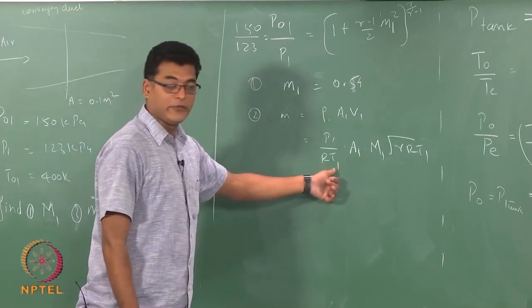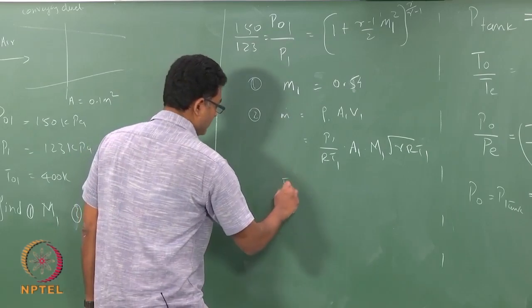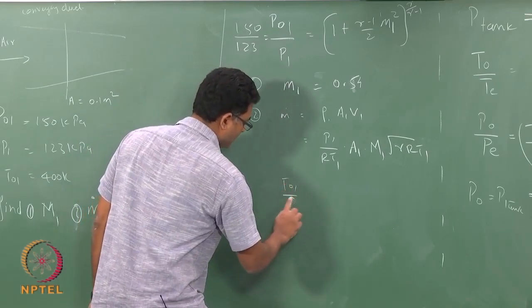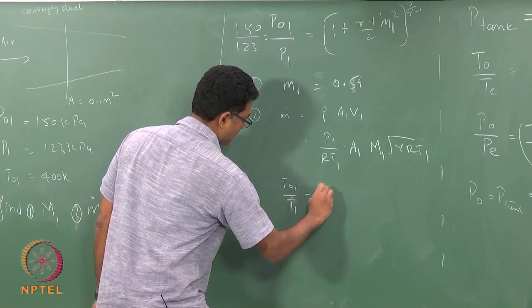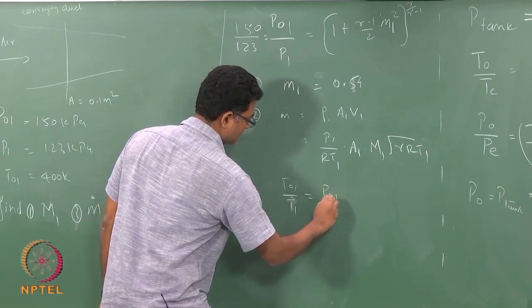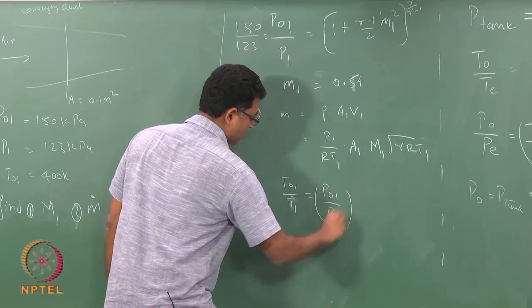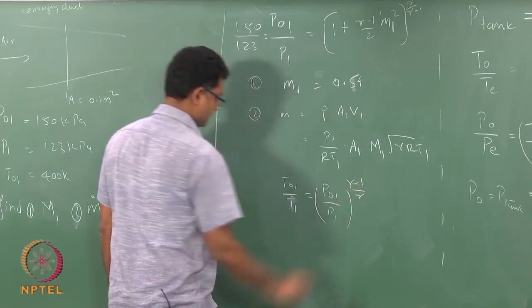So, I have to find T1. T1 and P1 are related using gamma minus 1 by gamma.